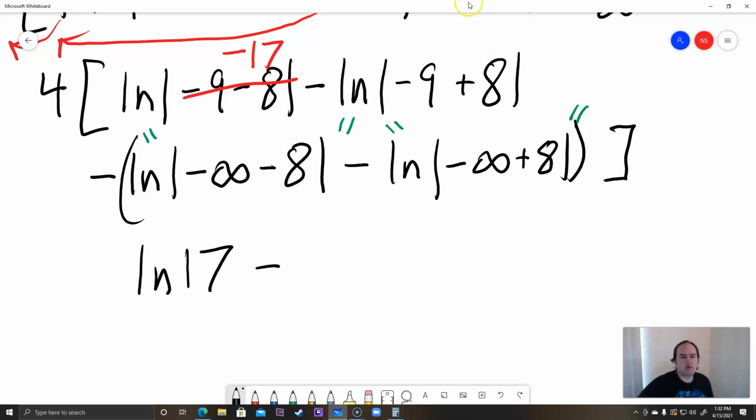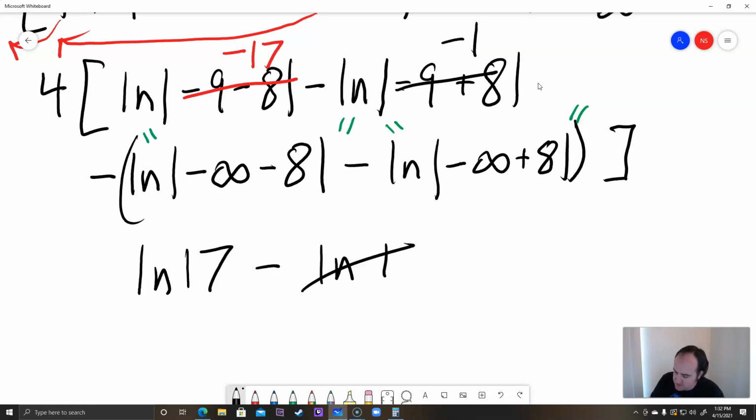And then over here, we have minus ln of absolute value of negative 9 plus 8. Well, negative 9 plus 8 is negative 1. And absolute value of negative 1 is just 1. And we know that e to the 0 is 1. Okay, so we actually have minus ln of positive 1, and that's just 0. Right, because e to the 0 is 1.